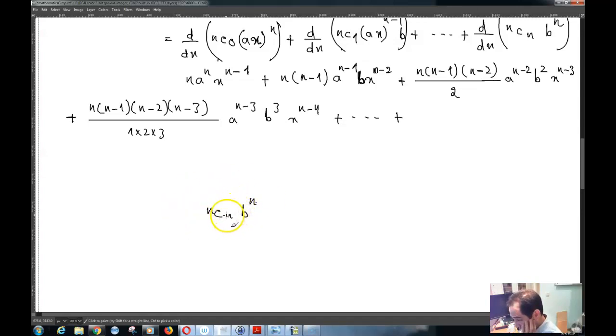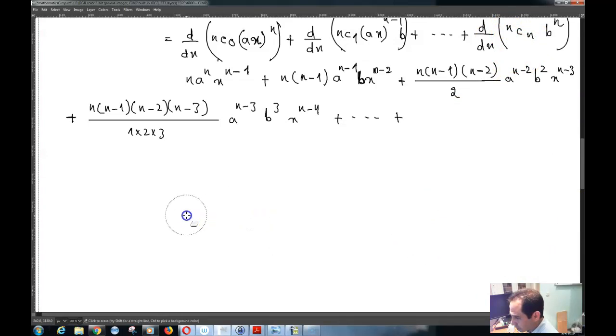First of all, n combination n is equal to n factorial over n factorial times 0 factorial, which is just equal to 1. So that's b raised to the power n, some constant, and its derivative is going to be 0. So you don't need to bother about this.